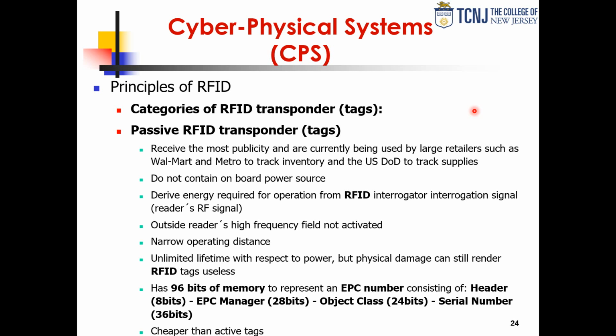The reader is powered. What you don't want to power is the tag. But you also have to know that the tag has to get back to you, and it only has so much power that it can harvest. So there are those issues, and they are governed by the standards as well.